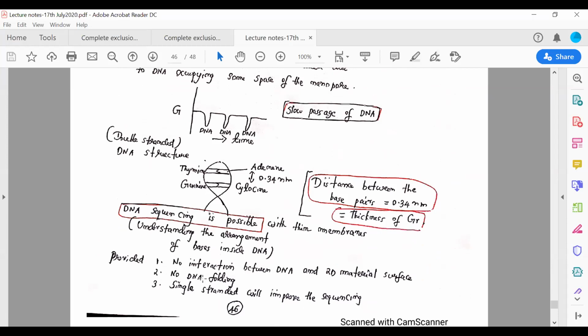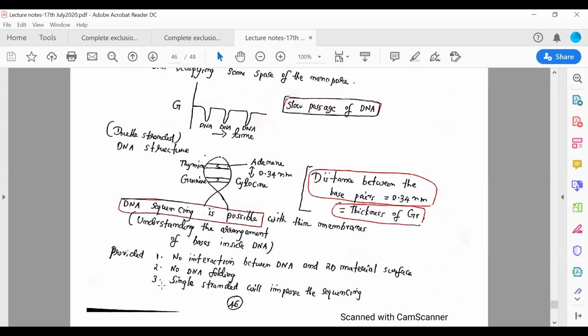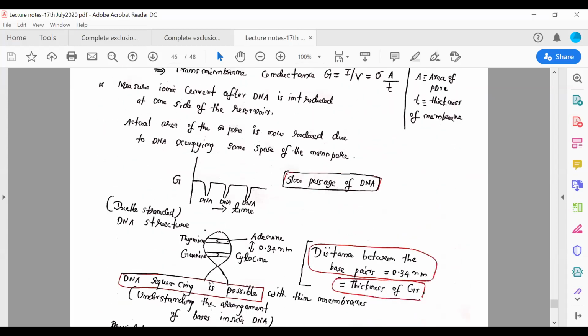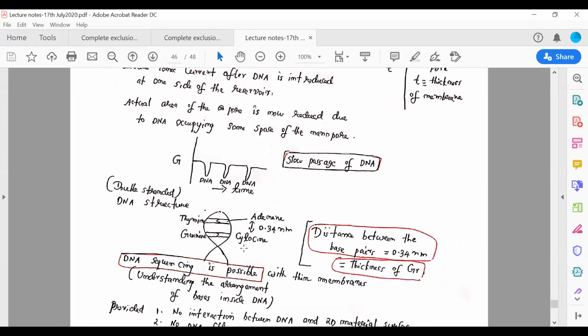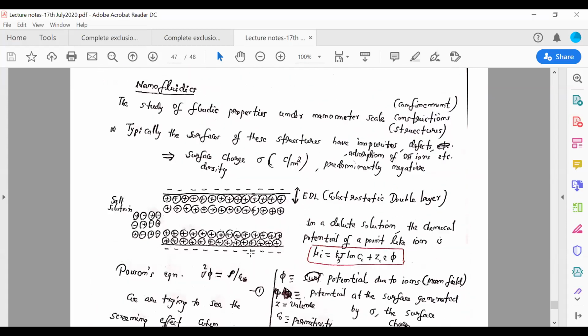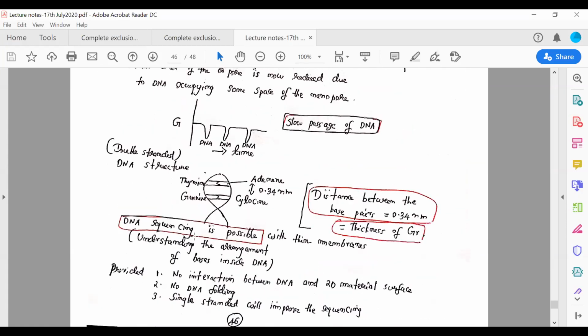You want a single DNA molecule transported; you don't want folded DNA. If you have single stranded DNA, that will improve things, because then you have only one of the bases. That is the way people try to do it, which is much more sensitive. Single stranded DNA will improve the sequencing.